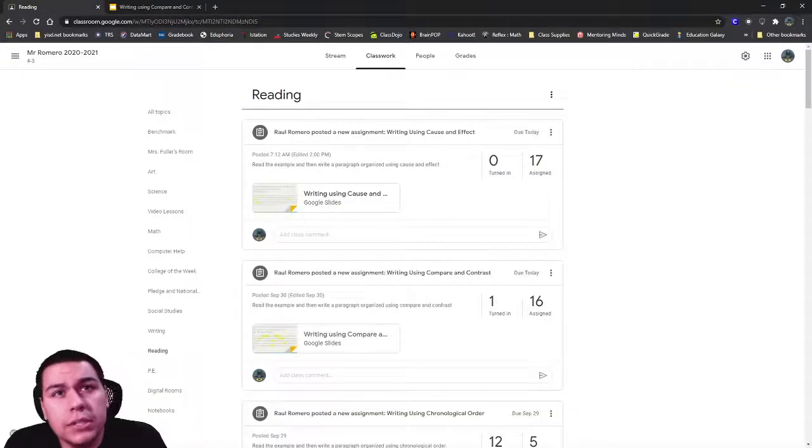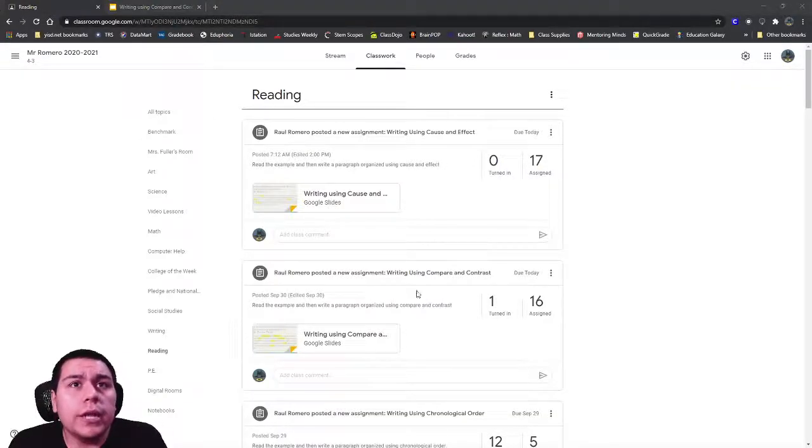So the first one I want you to take a look at says writing using compare and contrast.